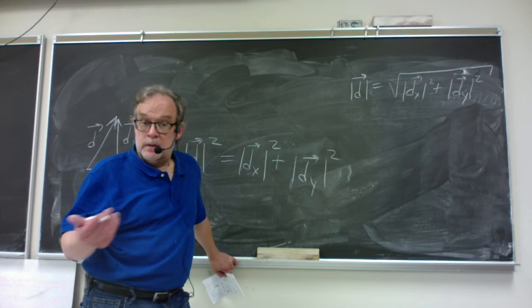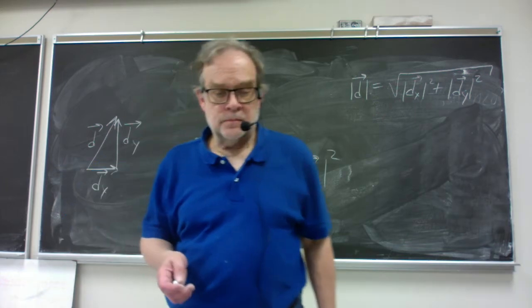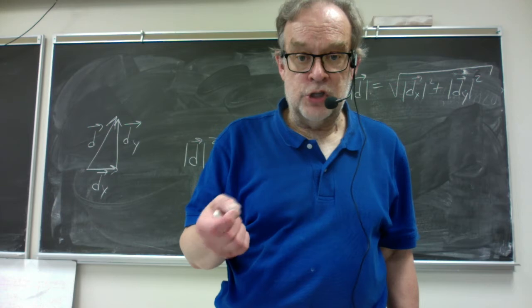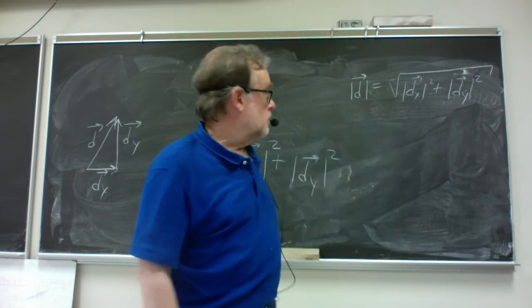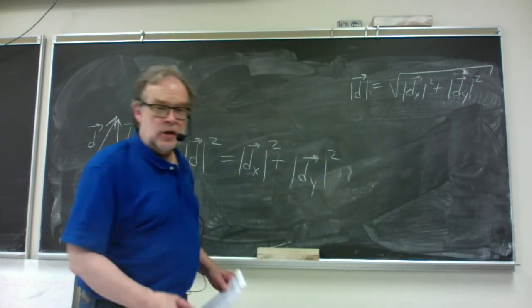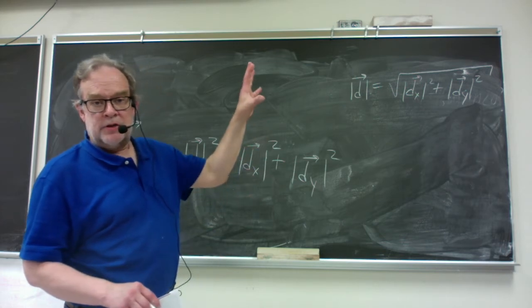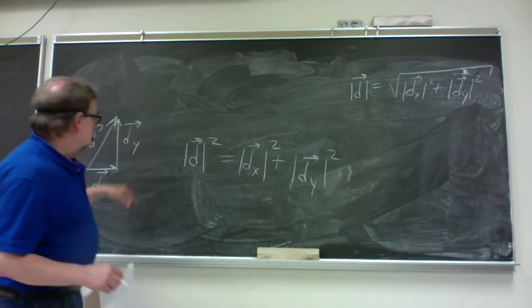For this we use the other trigonometric function, tangent. Remember, tangent of an angle is a ratio of the length of the side opposite to the length of the side adjacent.